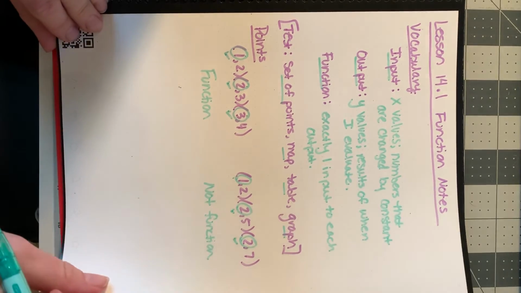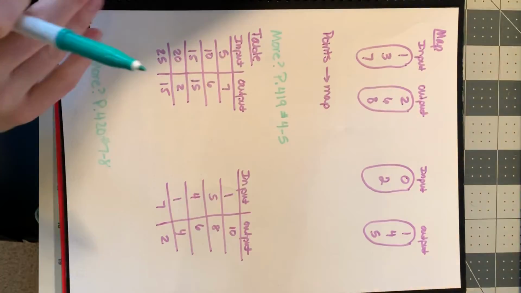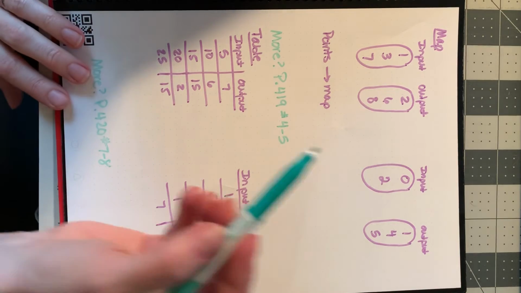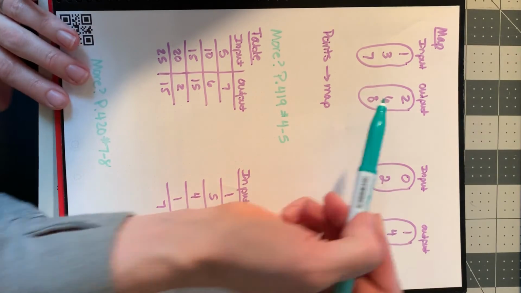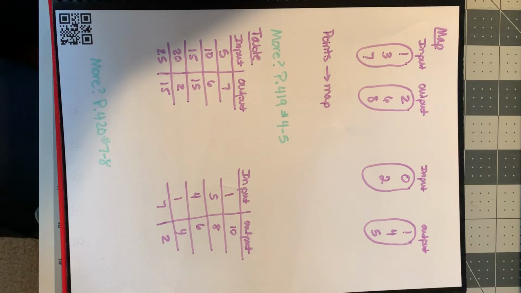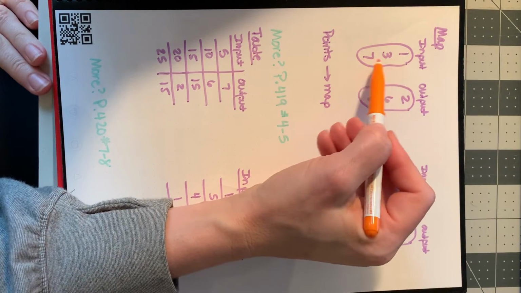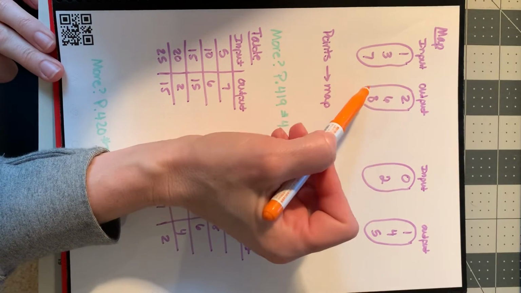The second way is to look at what's called a map, okay? Now on a map, it's gonna look like there's sort of these 2 sets of ovals. And again, we are looking to see if there are any inputs that are repeated and that match to more than one output.